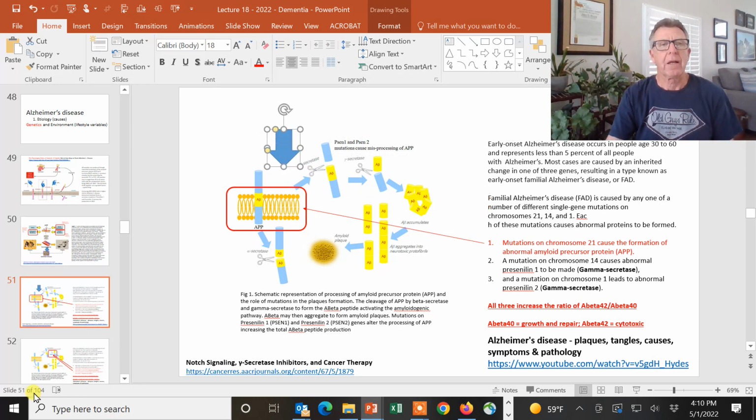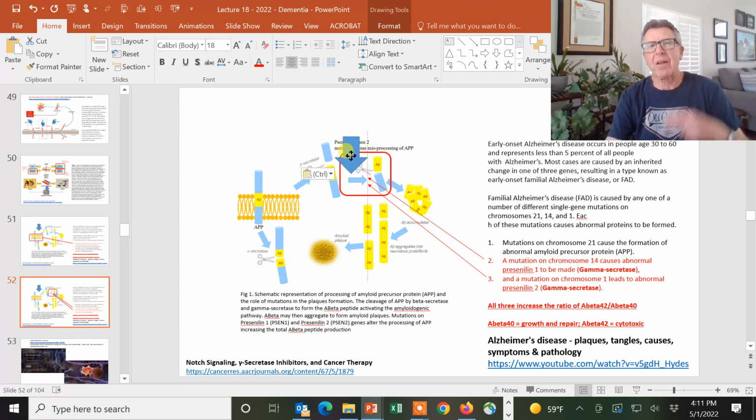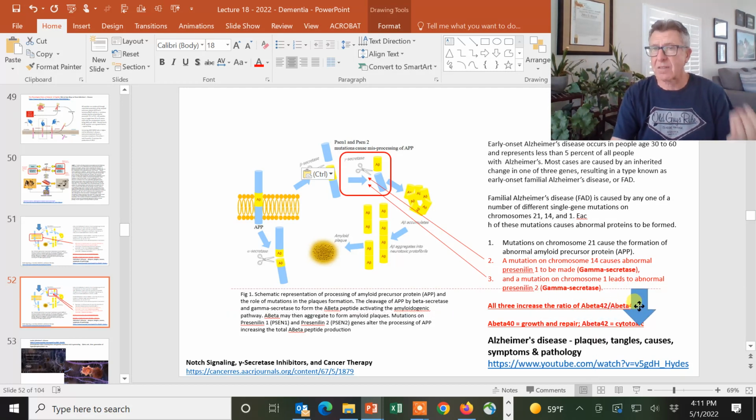Then there is a mutation in chromosome 14 and in chromosome 1 that changes the gamma secretase. So now normal APP is produced, but the enzyme that processes it clips at the wrong place and makes more 42. Again, A beta 40 is a good thing; we use it for growth and repair. A beta 42 is toxic, just like that. So that's the concept.